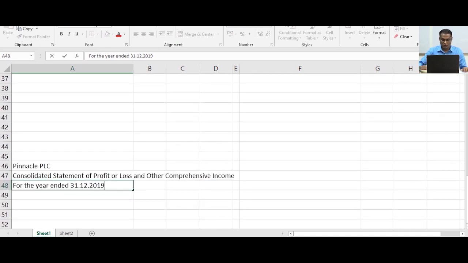Right. So keep space for the statement of financial position and for the statement of profit or loss and other comprehensive income.